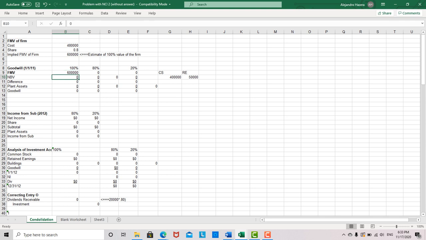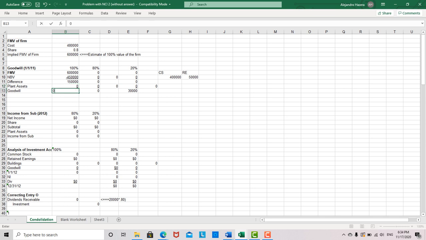I'll make the 100% column, then I'll split it up 80, 20, 80, 20. So the total value of the company is negative 400,000 plus 50,000, so negative $450,000. The difference, your overpayment, your valuation differential, whatever you want to call it, is $150,000.